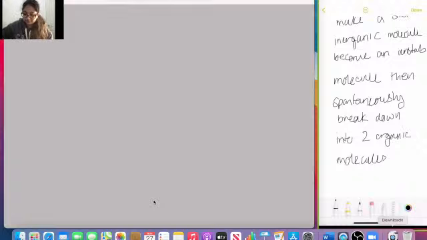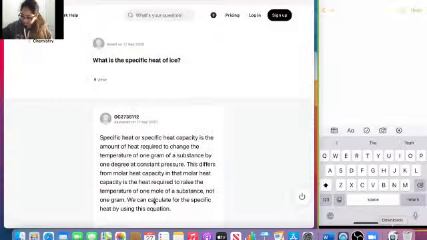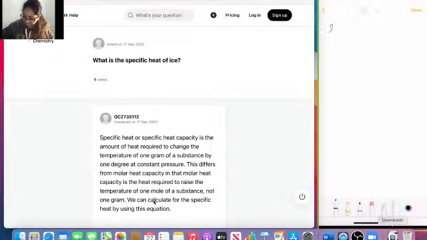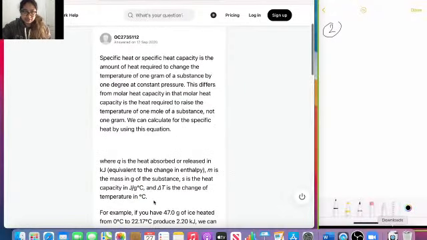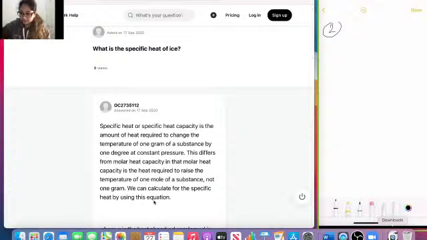Okay, so now our second question says, what is the specific heat of ice? Okay, so basically over here we're trying to find the heat capacity, or the heat that is required to change the temperature of 1 gram of ice, in this case, by 1 degree at constant pressure.